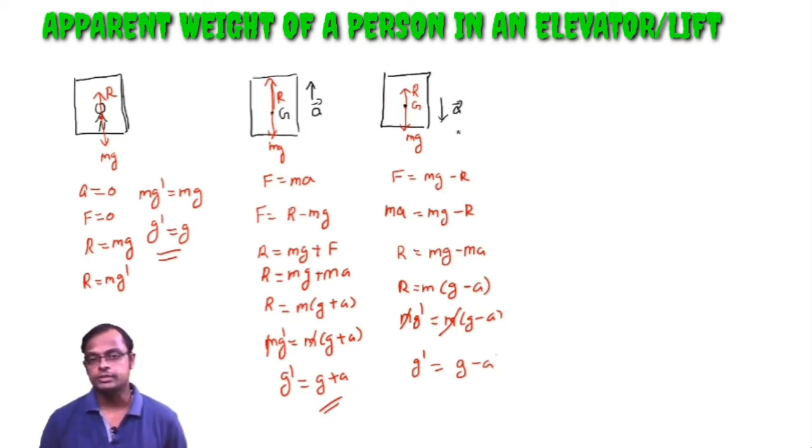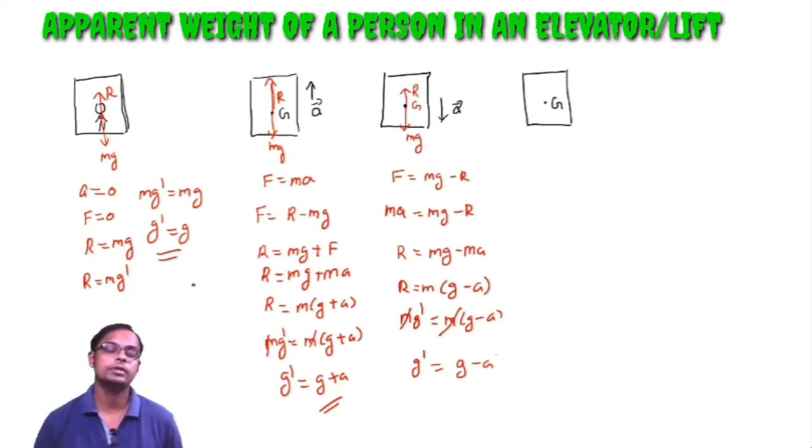Now you just imagine, okay? Once again, the person is now in the elevator. This is the point we are considering as the center of gravity. Now just imagine the cable which is supporting the lift or the elevator breaks. What will happen in this case?